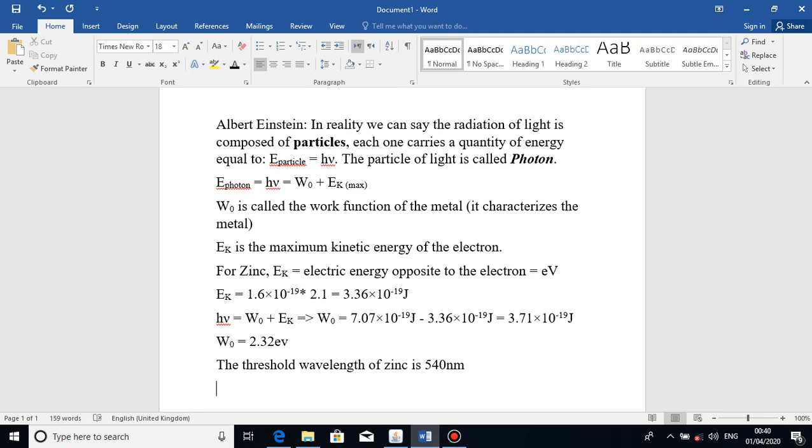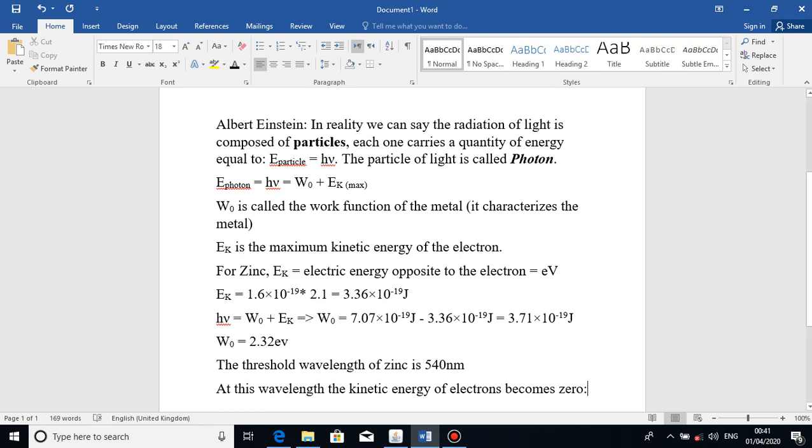What does it mean? At this wavelength, the kinetic energy of electrons becomes zero.